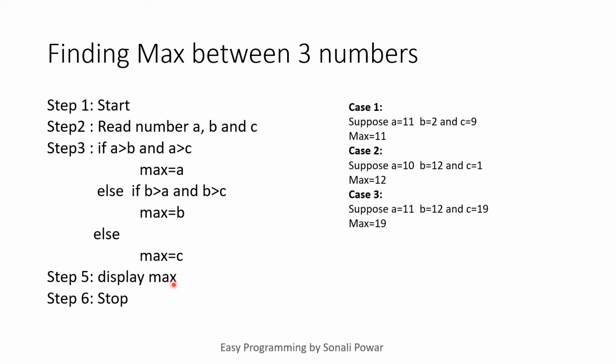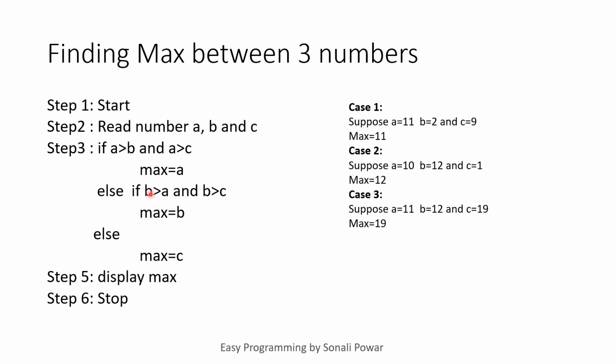Display max means it will display the 12. Now the next step is case number 3. Suppose the user enters 11, 12, 19, suppose the user enters the values in this sequence, so A becomes 11, B becomes 12, C becomes 19. Now here I am checking 11 is greater than 12, this condition is false, so it will come here.